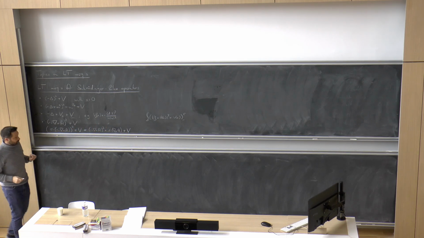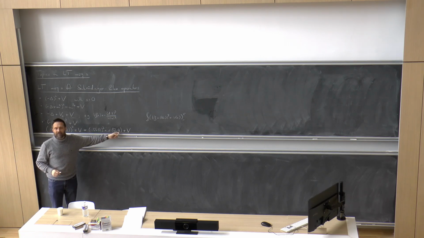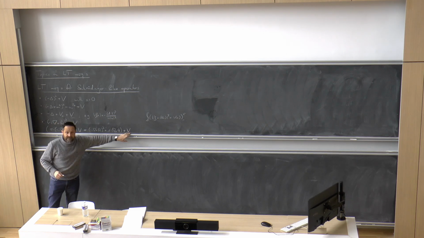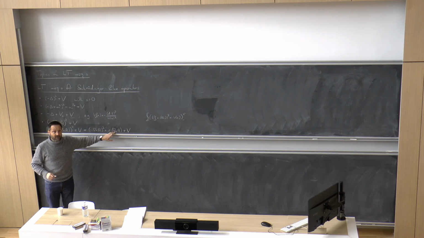So what you get is a background potential, a little bit like what I said up there. And you want to prove bounds just in terms of V without using that background potential.